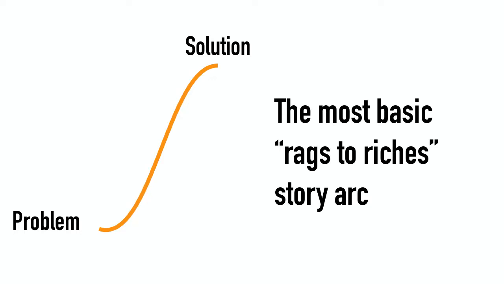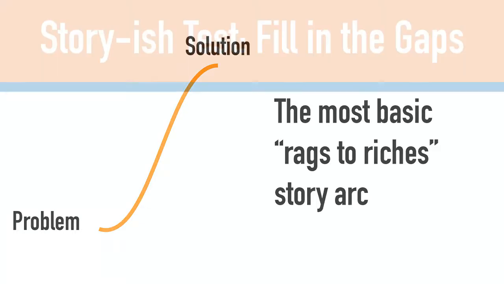That is the simplest version of the story you should be able to tell about your business idea. My customers have a problem. When they work with me, I give them a solution. I get them to a better place. That's the simplest story you can all tell, or should all be able to tell, about your business idea.